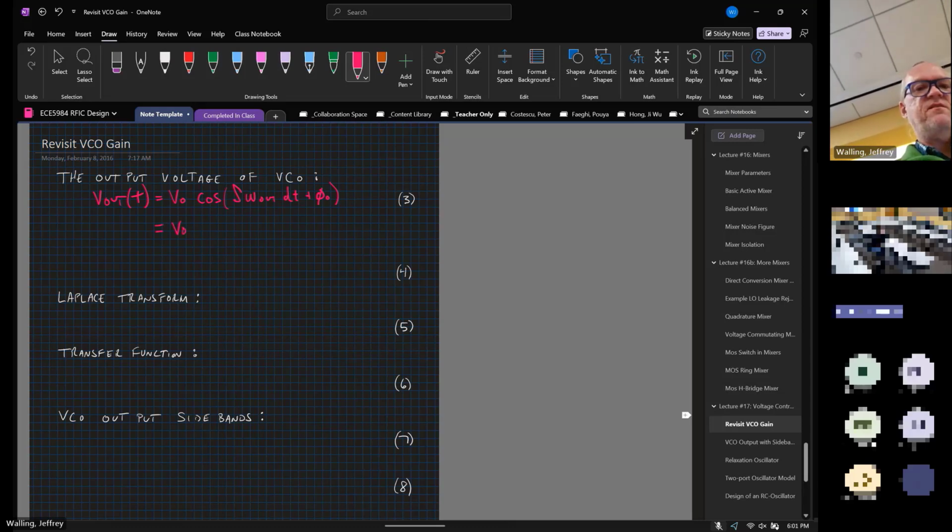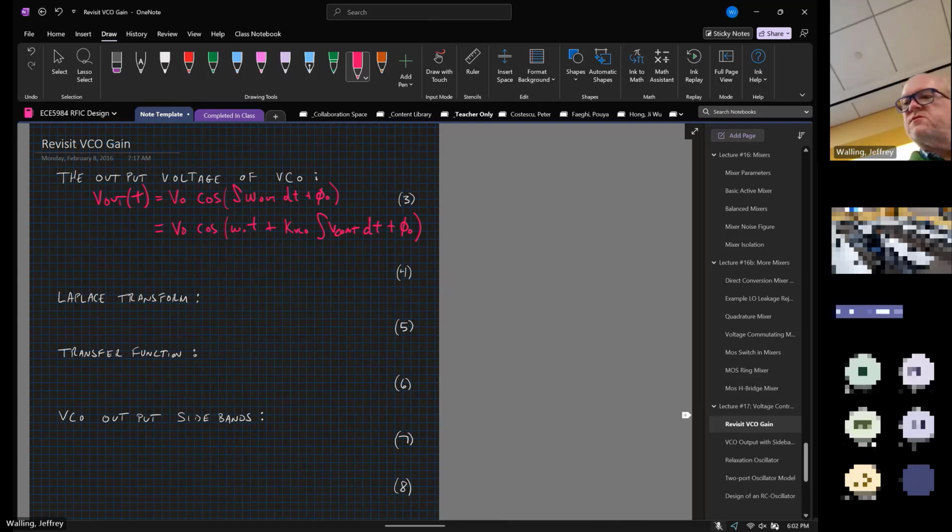We find that this is V naught times cosine of omega naught t plus k VCO times the integral of the control voltage dt plus our initial conditions.